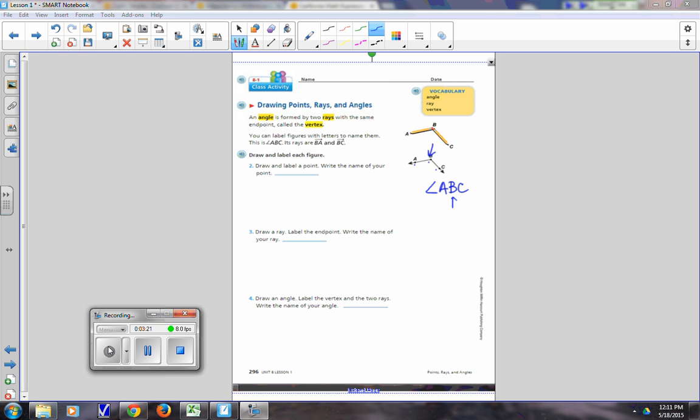And this angle is made up of ray BA and ray BC. When you're talking about rays, you always start with the vertex and name the other endpoint.